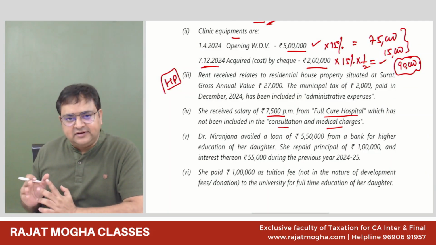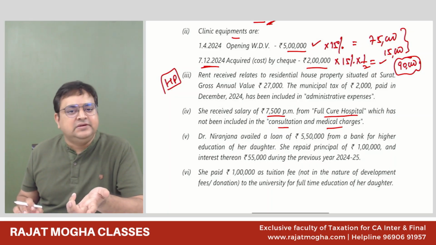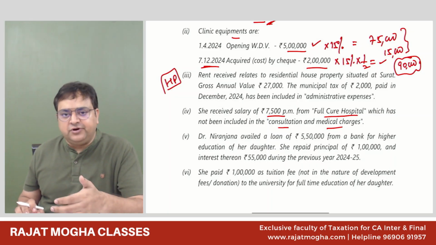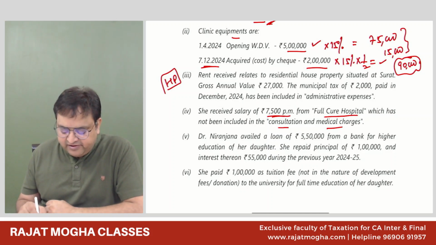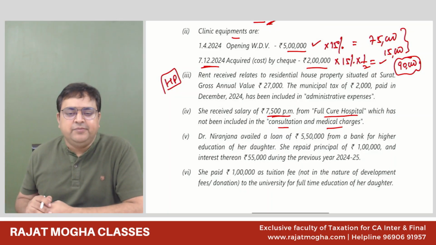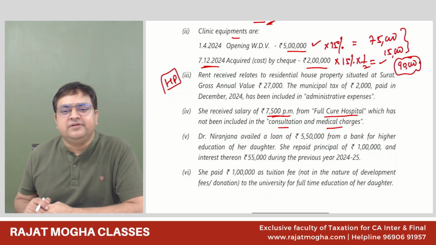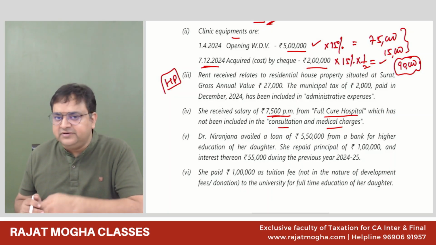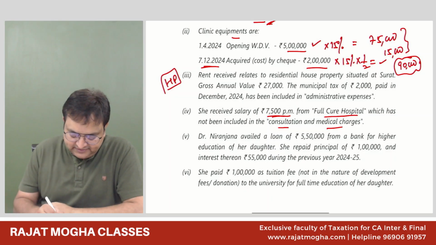If she has not taken it, that's good enough, because that is salary income. It should not be taken in PGBP. So it's good that she has not taken it, but you have to make it a salary income. How much will you make? 7,500 per month into 12, that would be 90,000 salary income, minus standard deduction. It depends which regime you are following: optional 50,000 deduction and default 75,000 deduction you can give. So this is my salary income.